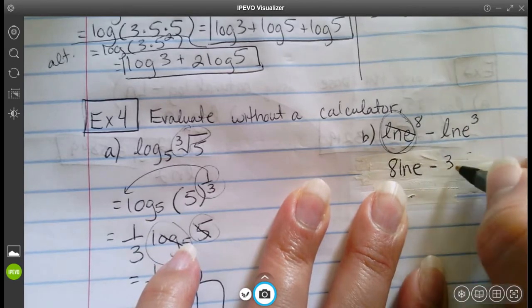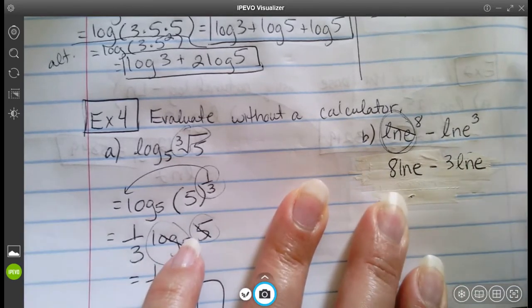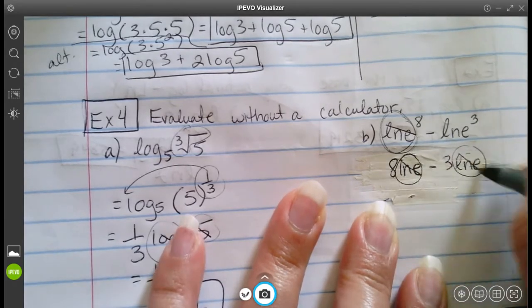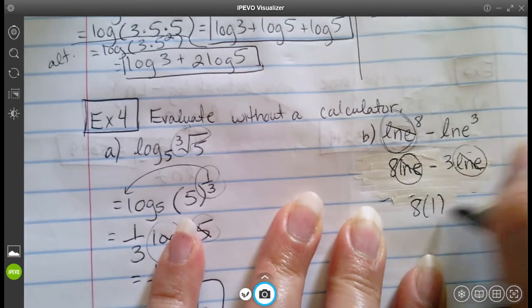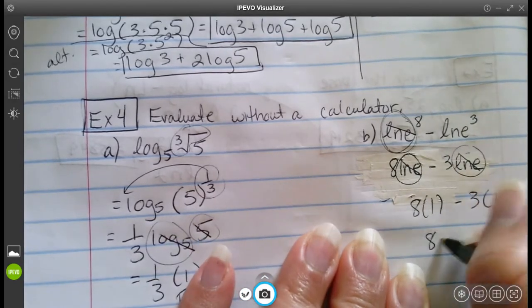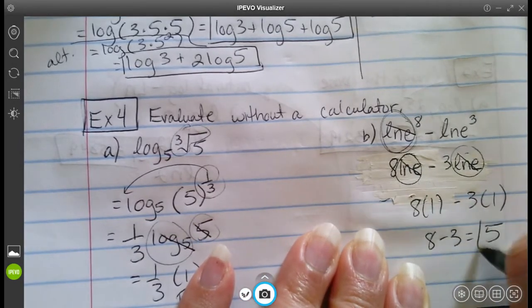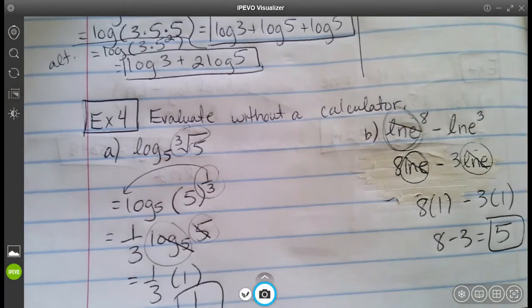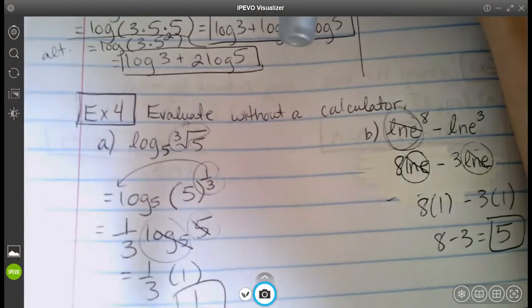Same thing with this one. The 3 is going to go in the front. And I know that this part right here is just going to be 1. So I have 8 times 1 minus 3 times 1, which is just 8 minus 3, which is 5. And that's it. Easy as that.